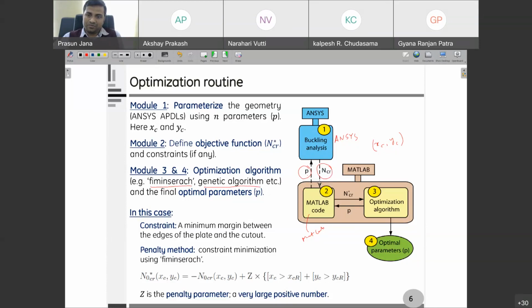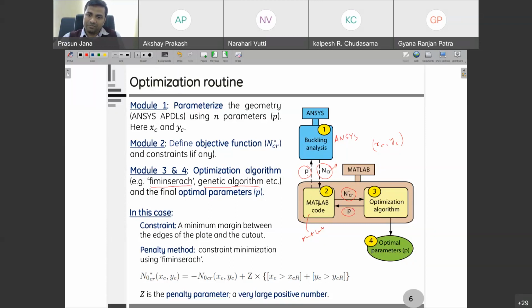Because we want to maximize this N critical, and every optimization scheme in Matlab is a minimization problem, you have to modify the objective function a little bit. Let us say N star critical is that objective function, which you want to minimize. Matlab will feed this N star critical to the optimization scheme, whether it is GA or another, and based on the algorithm, it will give you the next iterative value.